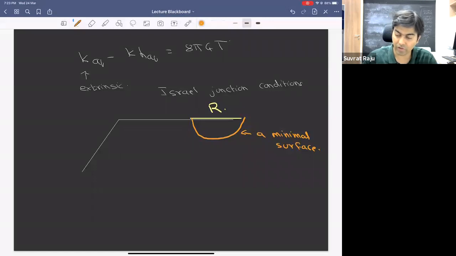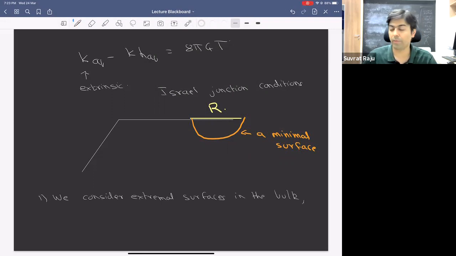But in addition, let me just write down some rules. Okay? We consider extremal surfaces in the bulk, which is what I just explained. But in addition, we are allowed to consider surfaces that terminate on the brane.